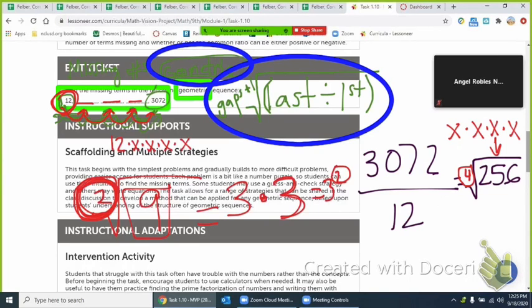When we do that, x times x times x times x gives us x to the 4th. That's what we're trying to figure out: 12 times what 4 times is going to get us to 3072. So the question is, what to the 4th power is going to get us 3072?